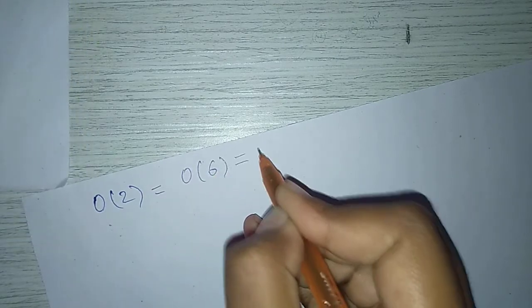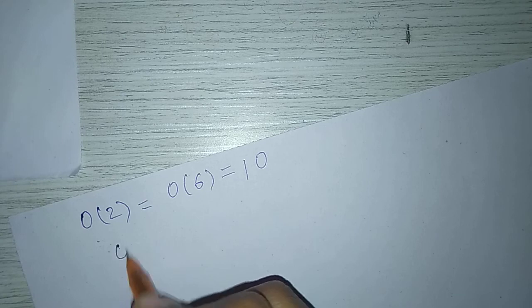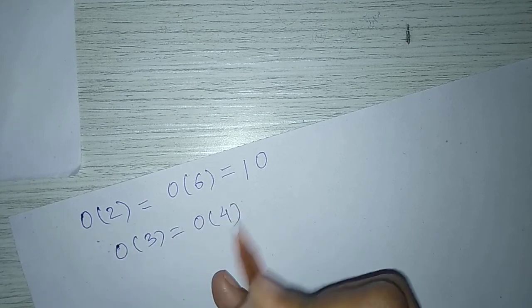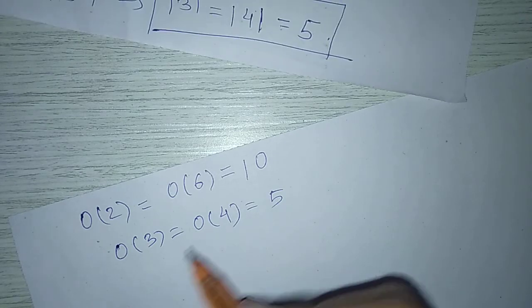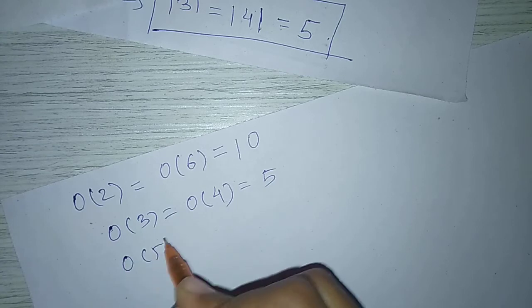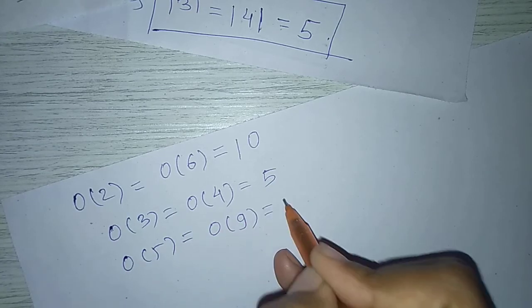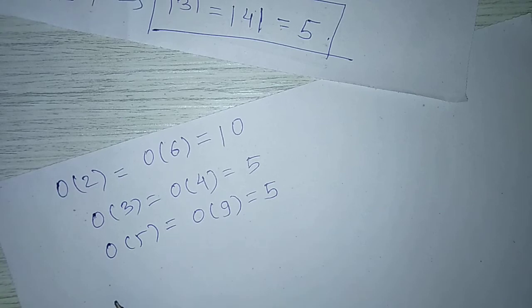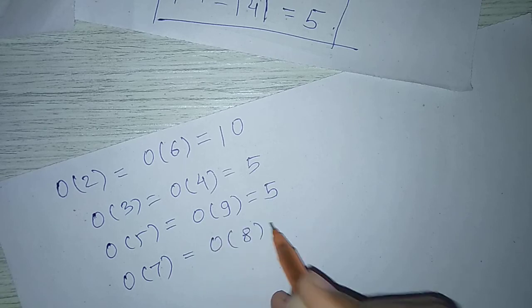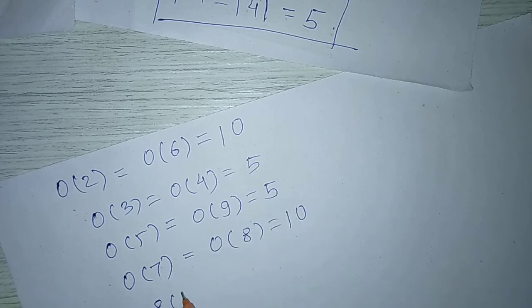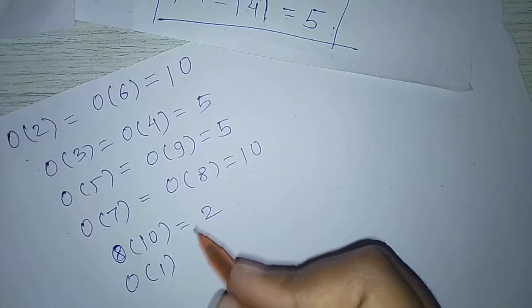Order of 2 equal to order of 6 equal to 10, order of 3 equal to order of 4 equal to 5, order of 5 equal to order of 9 equal to 5, order of 7 equal to order of 8 equal to 10, order of 10 equal to 2, and order of 1 equal to 1.